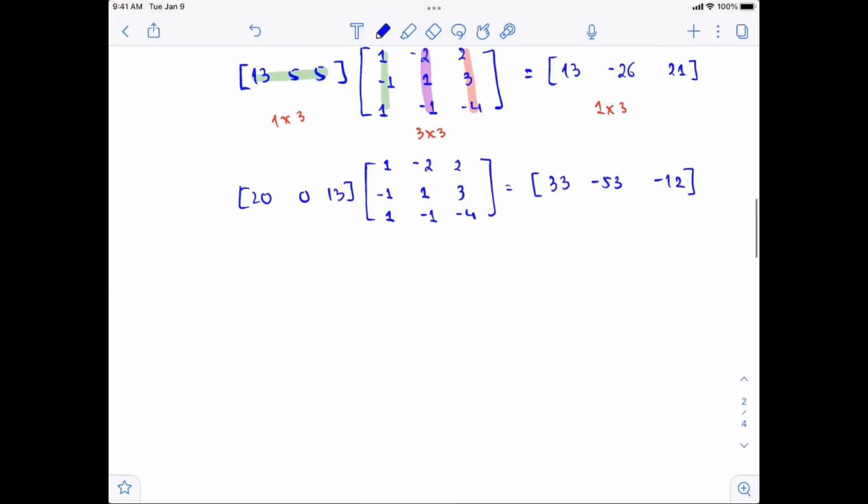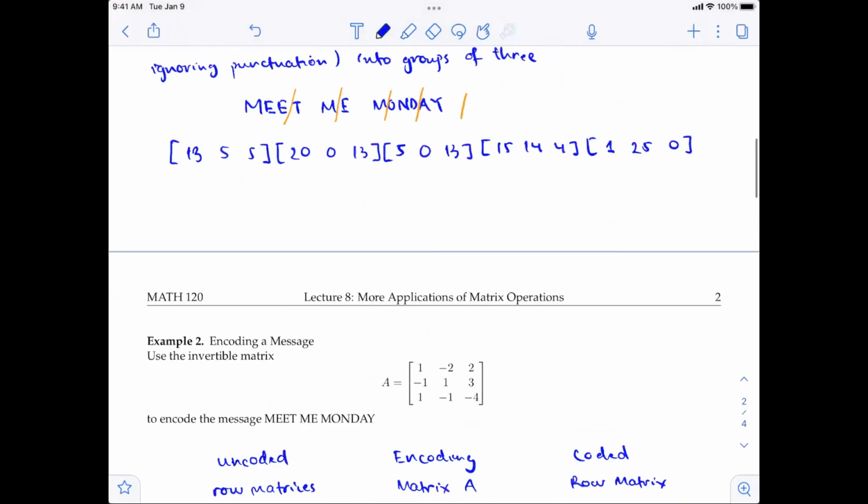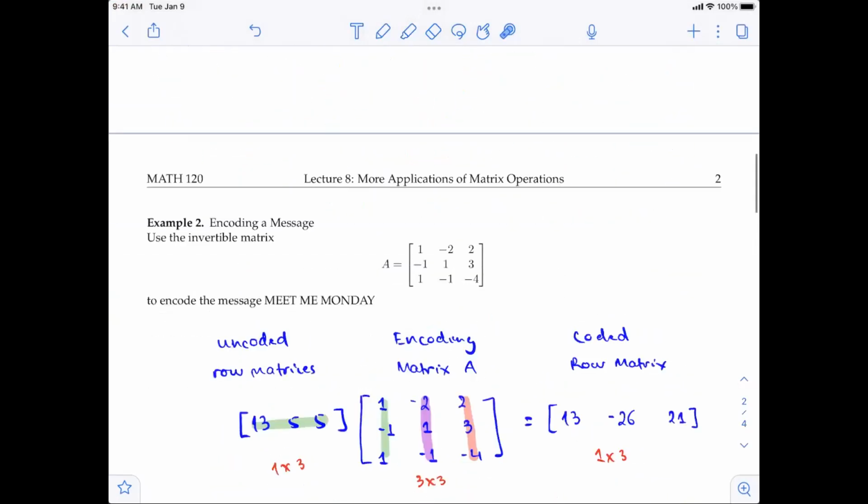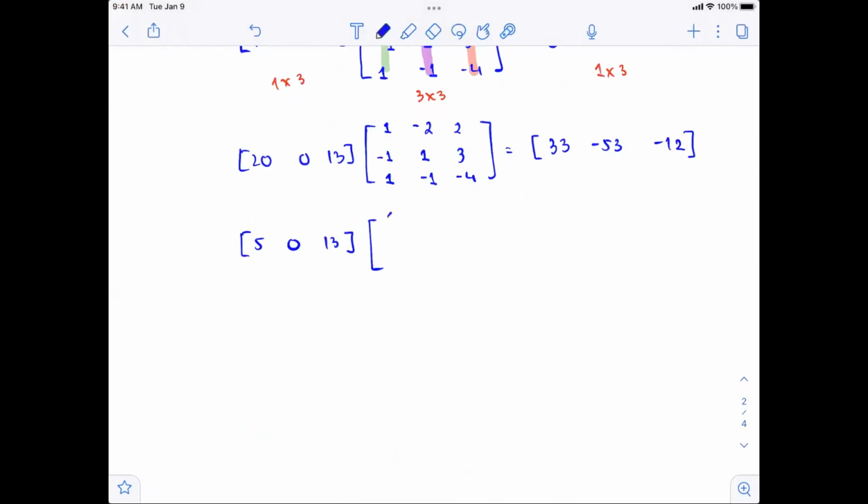The third row matrix is 5, 0, 13, right? So corresponding to this part of the message, you multiply this with the encoding matrix.